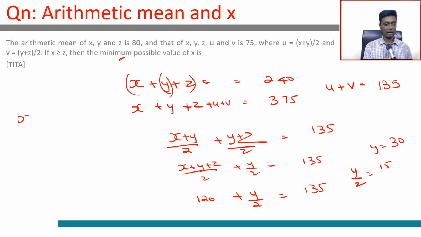Wonderful. So x plus y plus z is 240, x plus z then is 210.